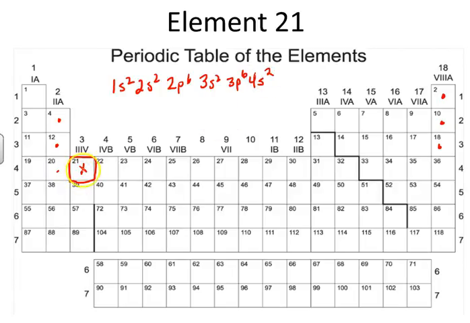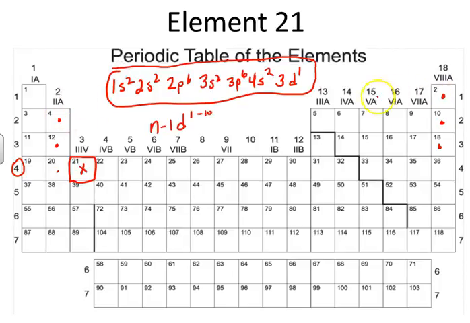And then I arrive at this one, so I'm now in, remember, this section is n minus 1 d, 1 through 10. So I'm n minus 1. I'm on period 4, so I'm going to go back to energy level 3, D block, first element. And that would be the final configuration.